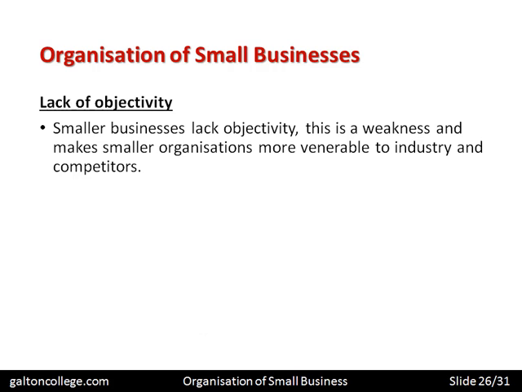Lack of objectivity. Well, smaller businesses lack objectivity. This is a weakness and makes smaller organizations more vulnerable to industry and competitors. Smaller businesses run by the owner. The owner evaluates the situation, whatever situation, but evaluates it subjectively, evaluates it in his or her mind.